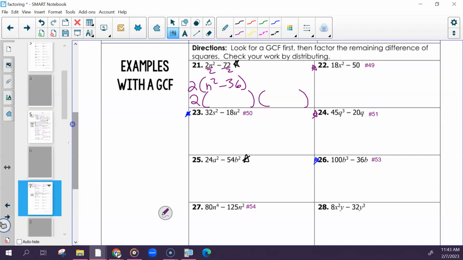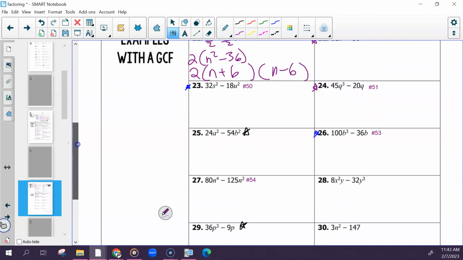What would those 2 factors be? N plus 6 is one of them. What's the other? Okay. So sometimes you'll have a GCF, sometimes you won't. You just have to pay attention to check for GCF first and then see, can you do anything else with it?